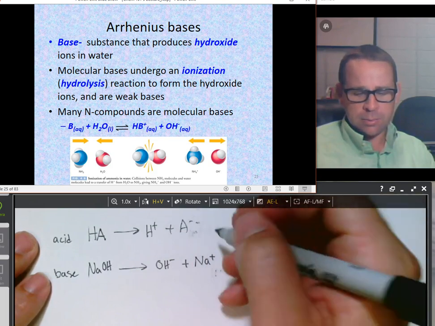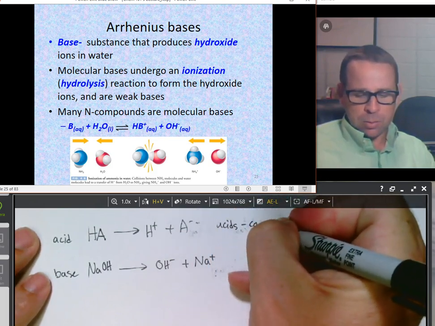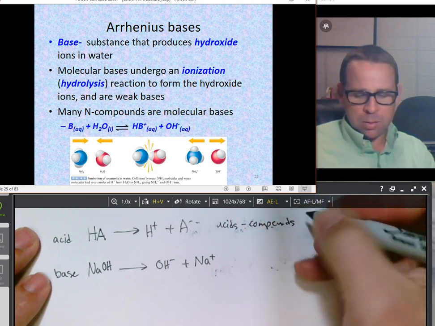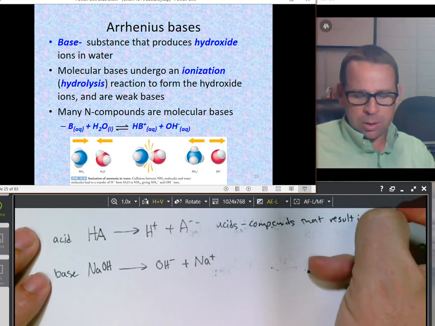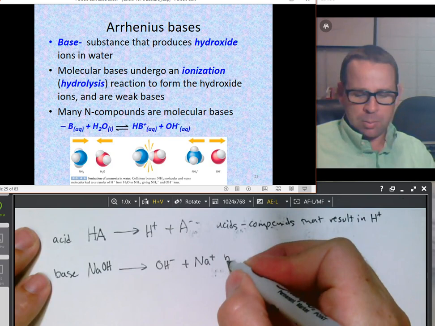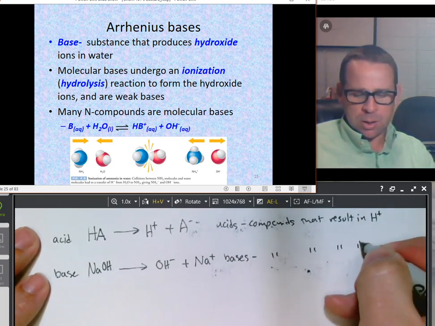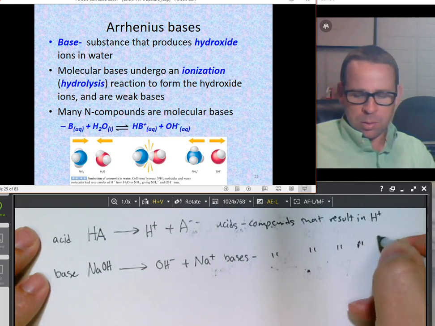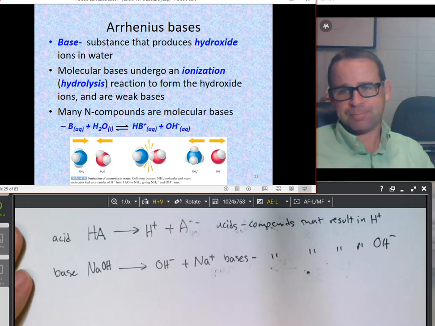So acids are compounds that result in H plus when placed in water, and bases are compounds that result in OH minus when placed in water.